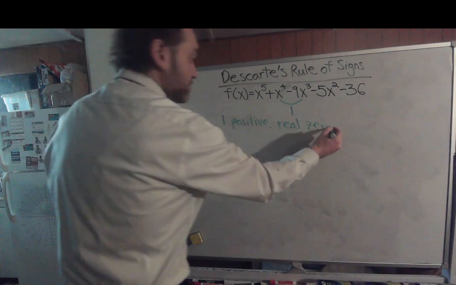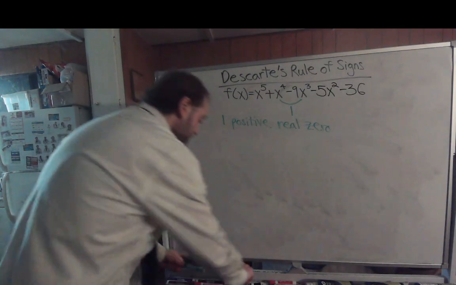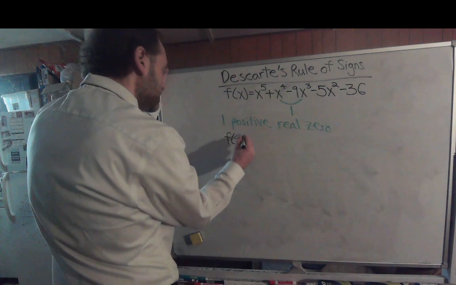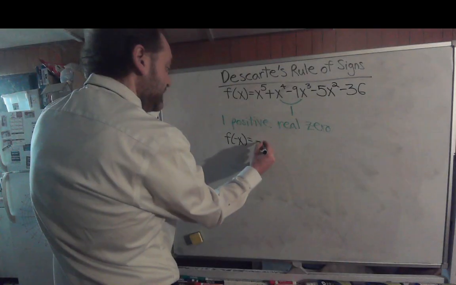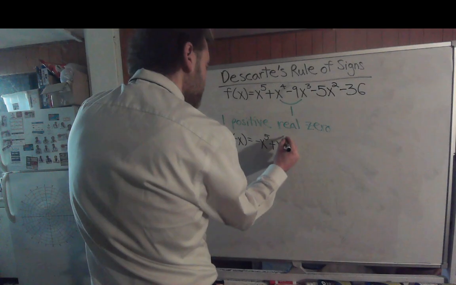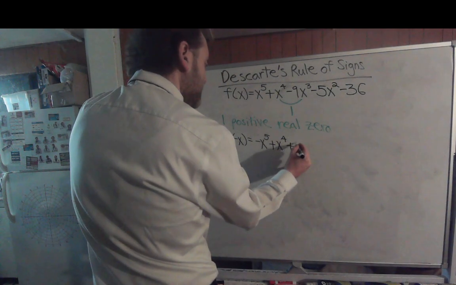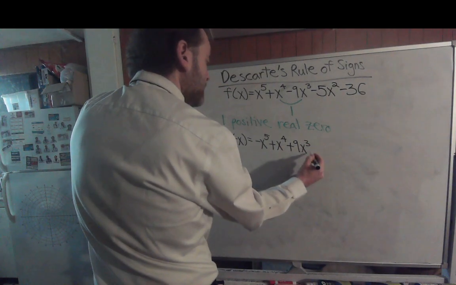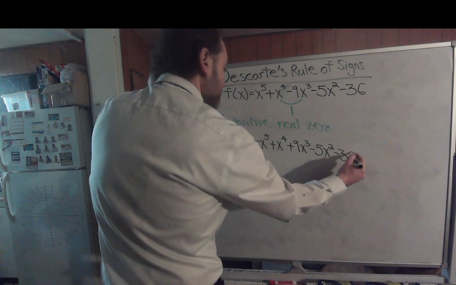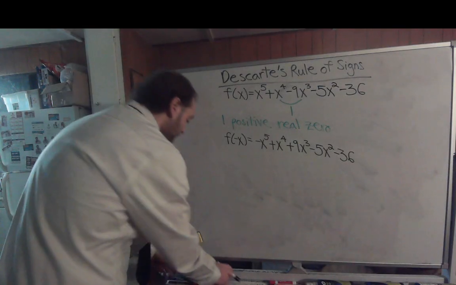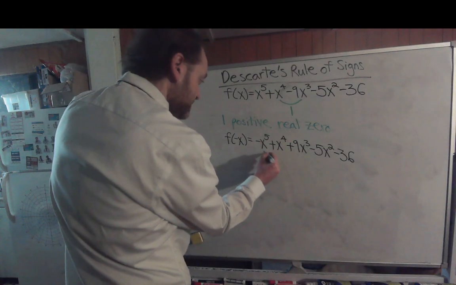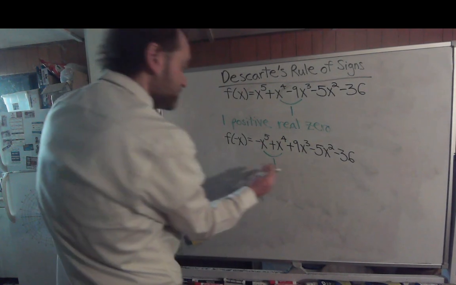Now the next thing to do is figure out how many potential negative real zeros there are. That's done by putting in f of negative x. So that would give you negative x to the 5th plus x to the 4th plus 9x to the 3rd minus 5x squared minus 36. Now, how many sign changes are there in f of negative x? Well, you have one from negative x to the 5th plus x to the 4th, so there's one.